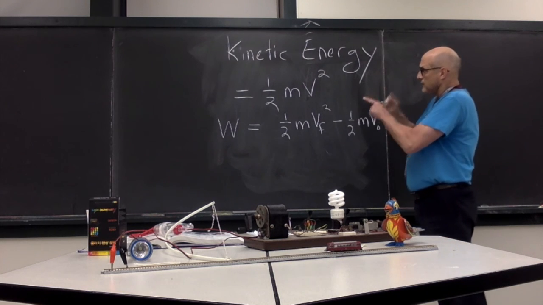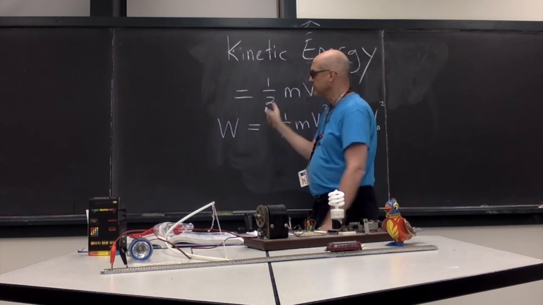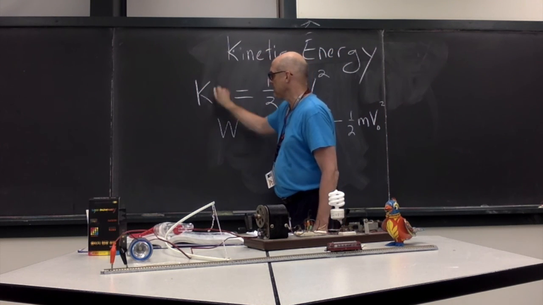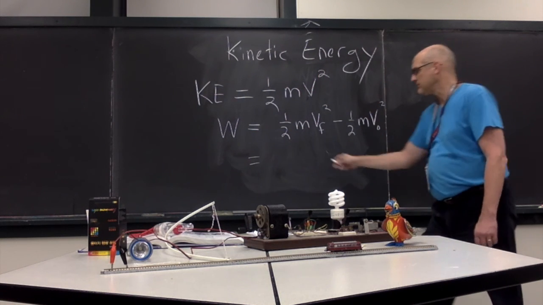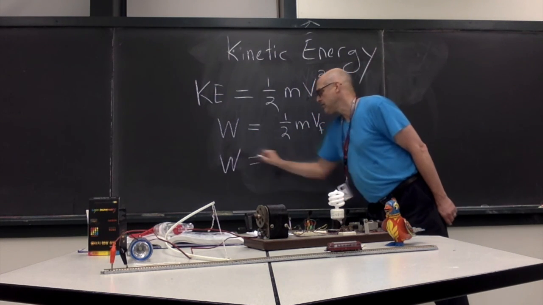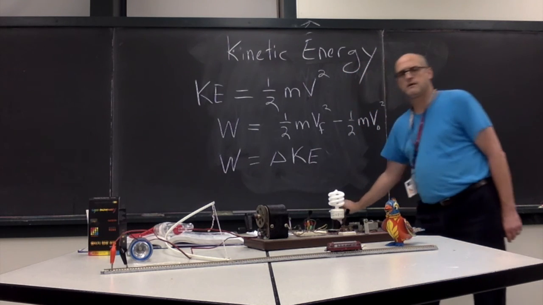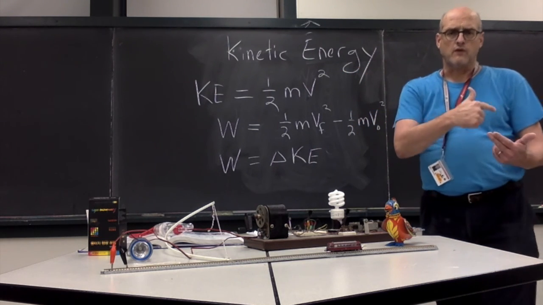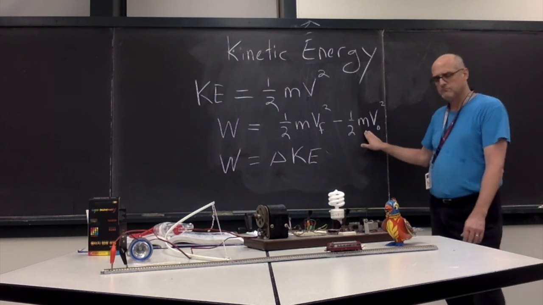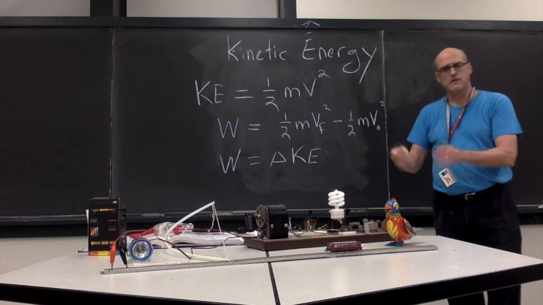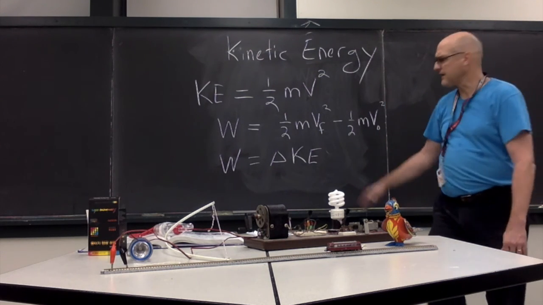Now, I failed to show you how to abbreviate kinetic energy, so let me just do that. It's KE. So the work-kinetic energy theorem can be written as W is equal to delta KE. Now, going back to that bow and arrow, did you notice that it started out with 0 kinetic energy, right? Because the arrow was at rest. The bow did work on it and gave it kinetic energy, final kinetic energy.